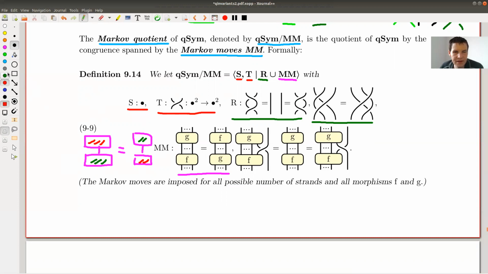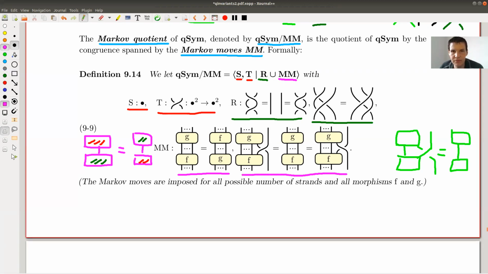And then you have this slightly funny looking relation, which basically says if there is a crossing stuck in between two boxes, and the boxes are any kind of morphism, then you can just remove it. Those are the Markov relations, the two Markov moves.